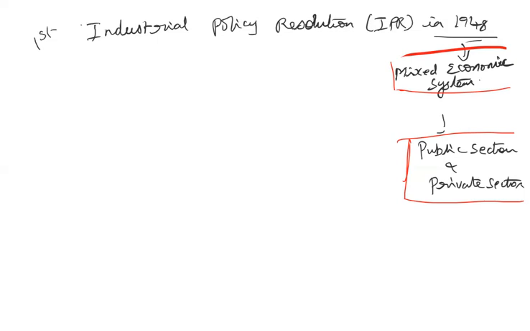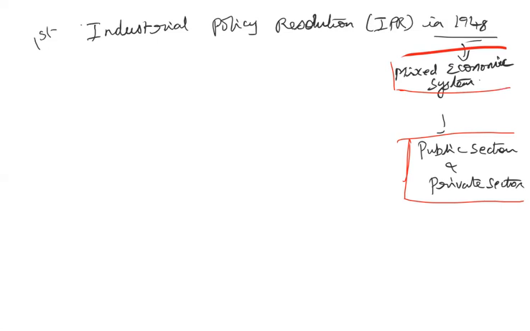That means we adopted the mixed economic system, and that policy also mentioned in detail what industries were to be under the public sector and what industries were to be under the control of the private sector. So that was in 1948.